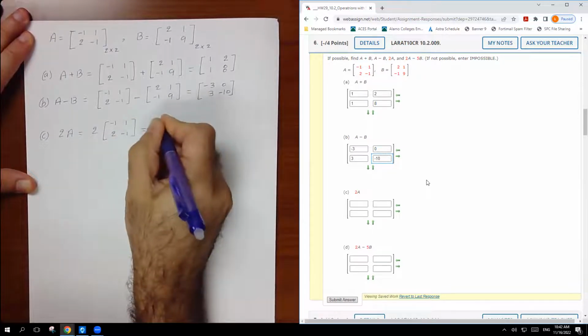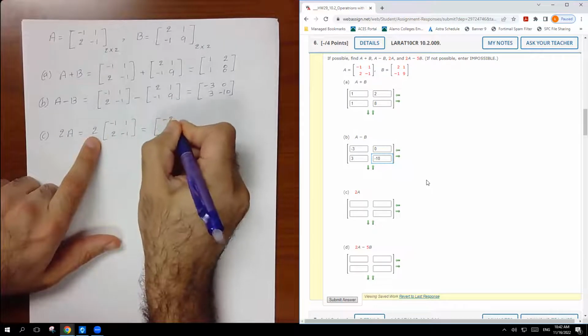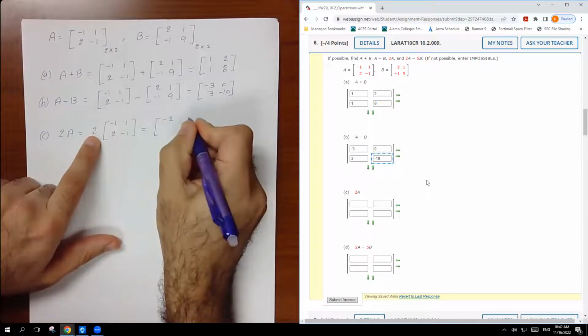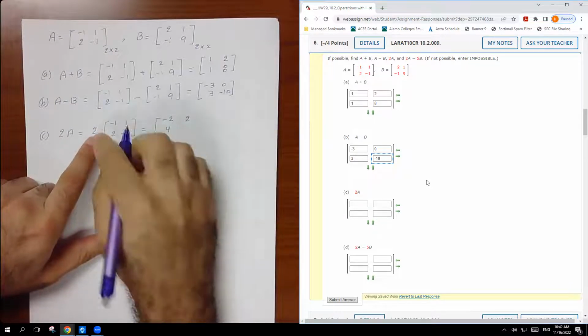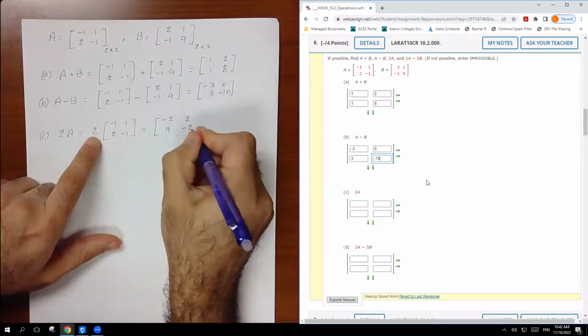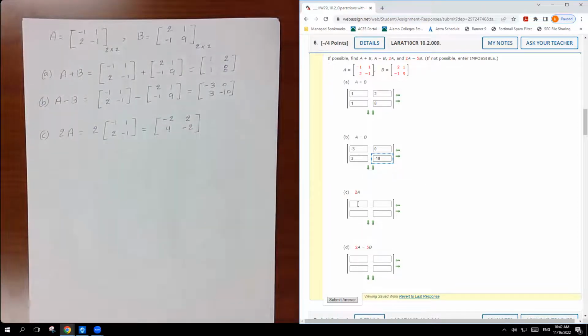You're going to multiply 2 times -1, which is -2. 2 times 1 is going to be 2. 2 times 2 is going to be 4. And 2 times -1 is going to be -2. So the result is going to be -2, 2, 4, and -2.